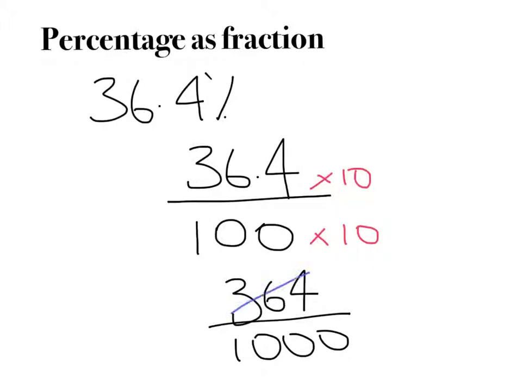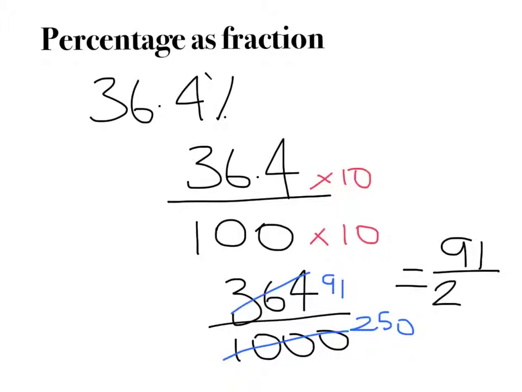Simplifying, I use 4 as my highest common factor, and I get 91 on 250. So my answer becomes 91 on 250. That's 36.4% as a fraction. It's pretty straightforward, guys, just following those few particular rules.